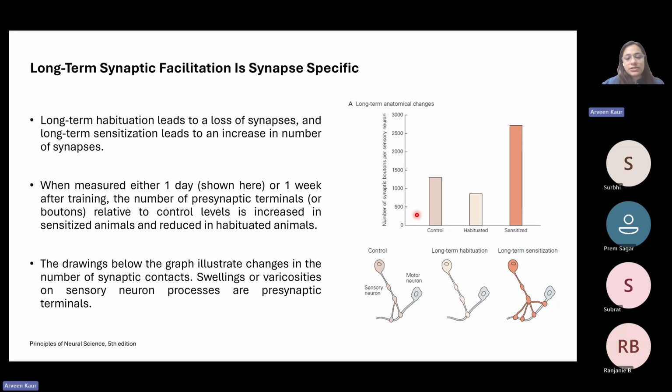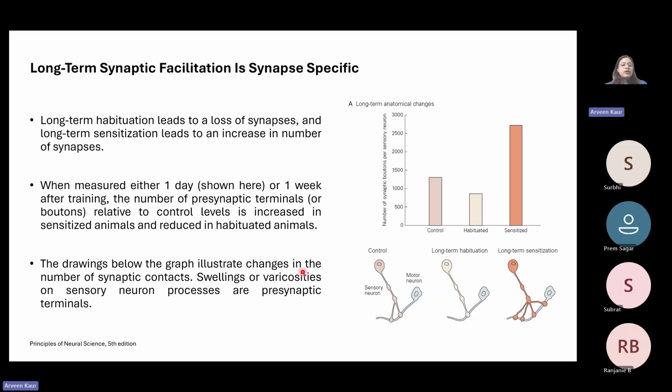So this is a normal condition. After long-term habituation, the terminals reduce, and after long-term sensitization, they increase, right? The number of synapses will increase.